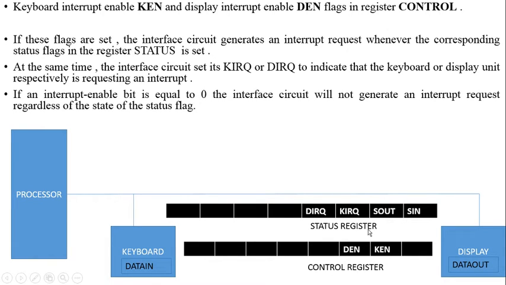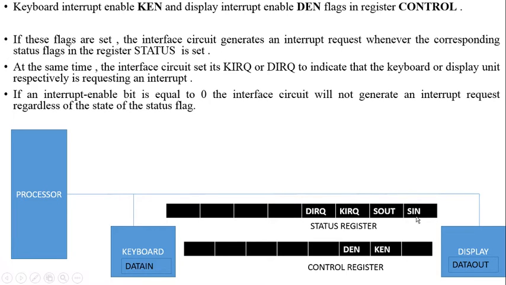The status register consists of certain bits of information: DIRQ, KIRQ, SOUT and SIN. DIRQ means display interrupt request, KIRQ means keyboard interrupt request, and SOUT indicates that the display unit is ready to get a new value from the processor for displaying.